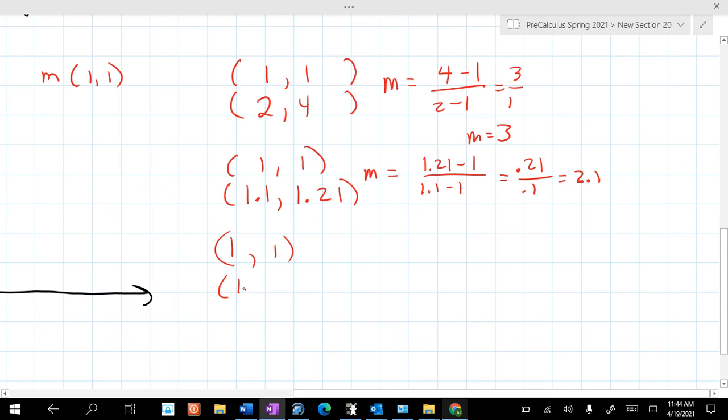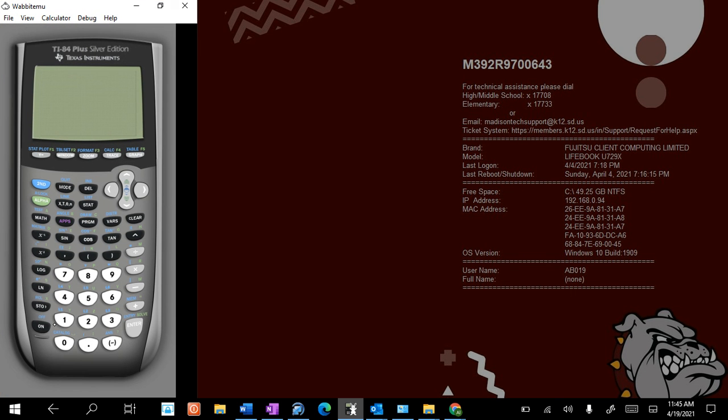So I'm going between 1, 1 and 1.001. Now 1.001 squared is... might need my calculator. 1.001 squared is 1.002001.